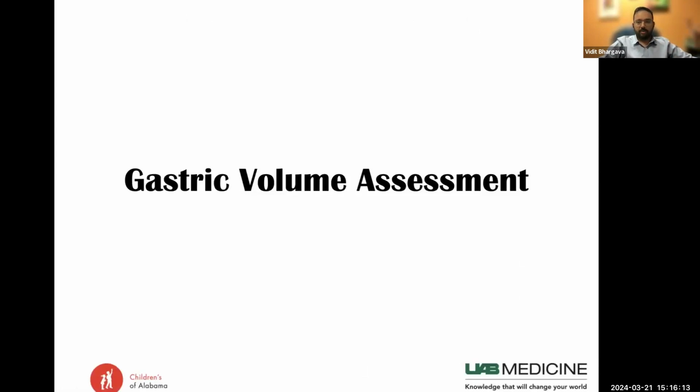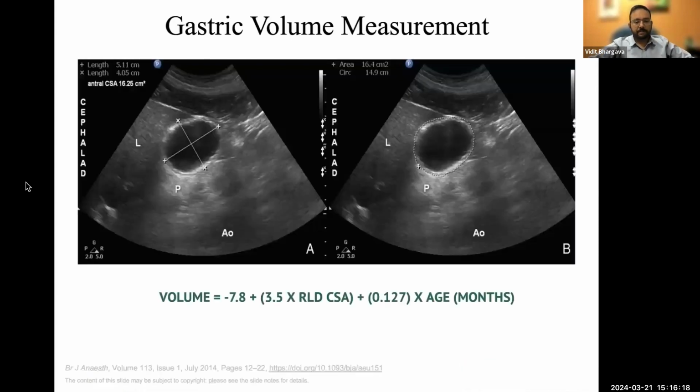So with those views, we're going to talk about how to actually do the gastric volume assessment. And so what is recommended in the literature is to get your gastric antrum view in right lateral decubitus position, and then either to measure the anterior and posterior length and the width of the stomach in that, or you can also use the automatic cross-sectional area tool if it exists in your machine.